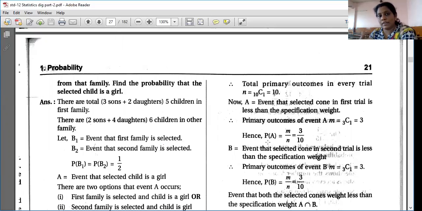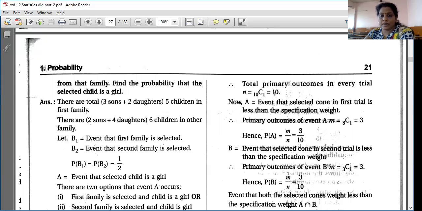For every event we have to newly find n, whether or not its value is the same, that is not the issue, but we have to show n again and again. Right? So here see again, our n comes to 10 only because it is with replacement, so repeated items can be used. So here you have to write n is equal to 10C1.